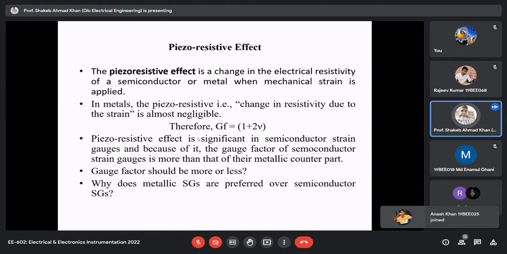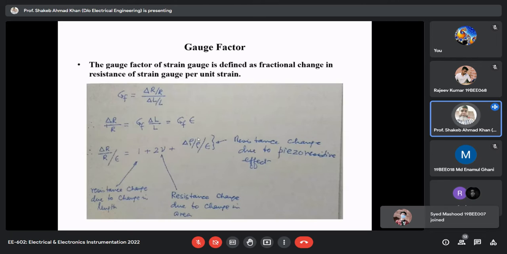Then I ask one question: why are metallic strain gauges preferred over semiconductor strain gauges? As you can see from here, semiconductor strain gauges are better because they are more sensitive in comparison to metallic strain gauges.